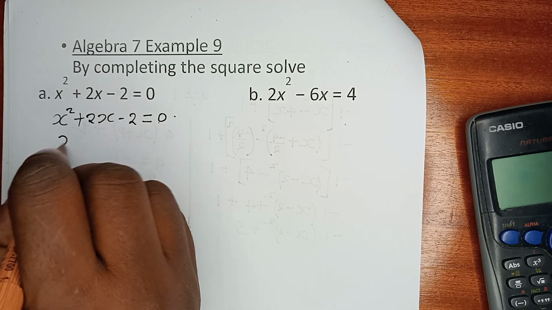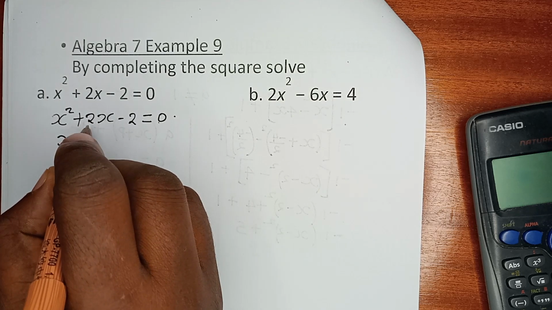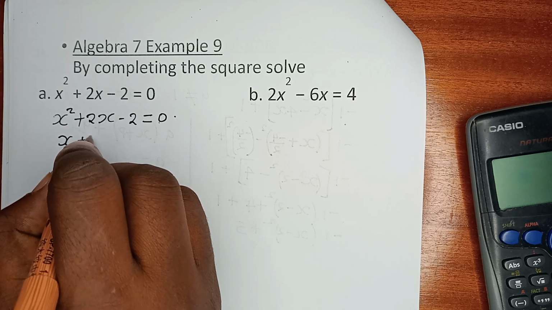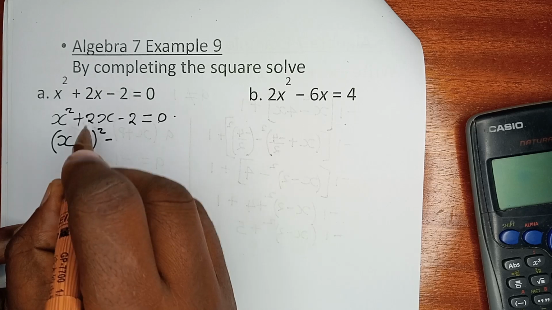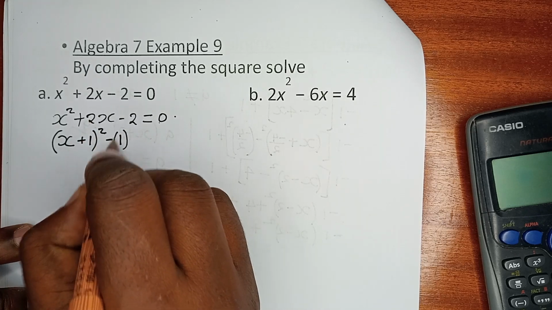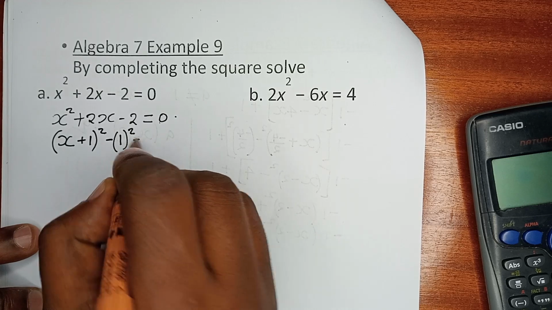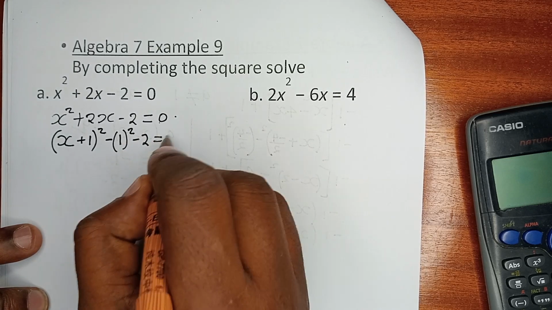So we are going to have (x plus 2 over 2)squared, because our b is 2, so 1, squared, minus 2 equals 0.